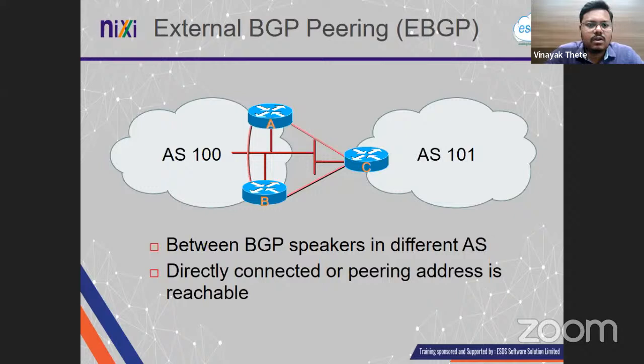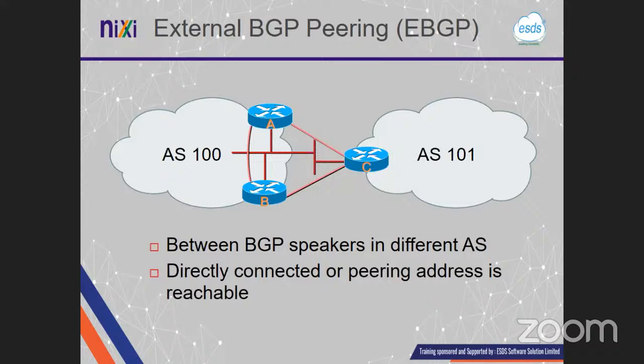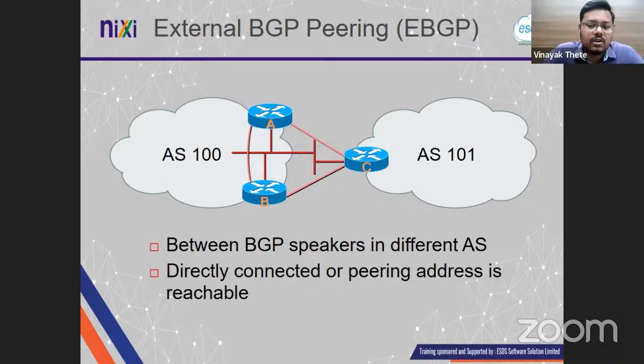Any other questions on the eBGP and IBGP differences? And when a route learned from eBGP is advertised to an IBGP peer, the next hop remains unchanged. So for that, the next-hop-self command is used for making the next hop reachable for traversing the route.